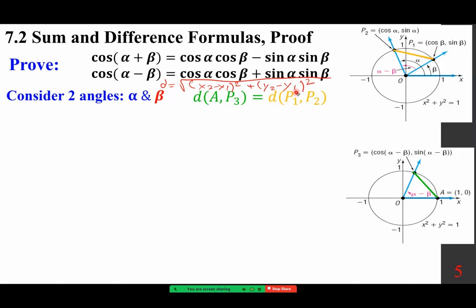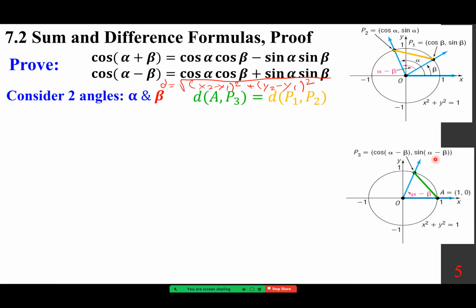According to this formula, x up to cosine of alpha minus cosine of beta... cosine of alpha minus beta minus 1 squared.